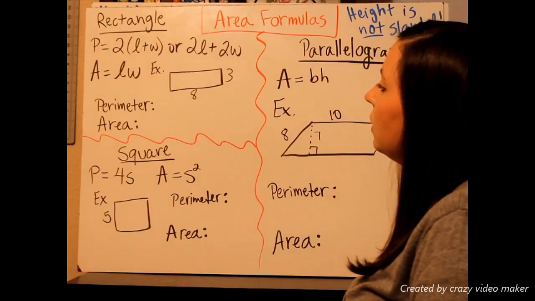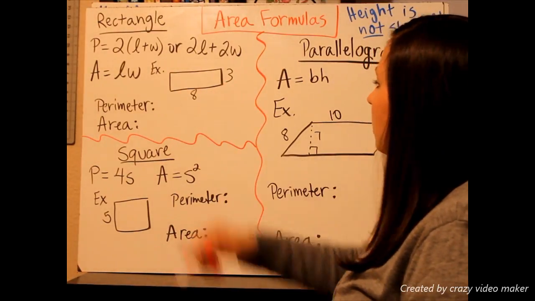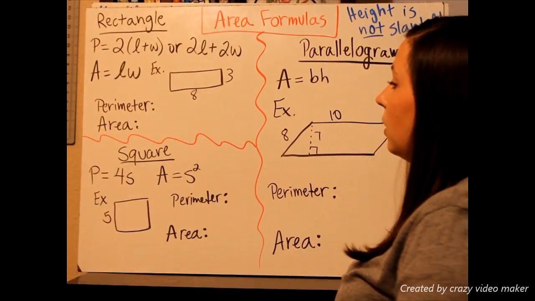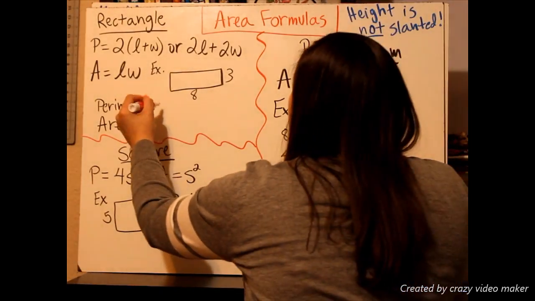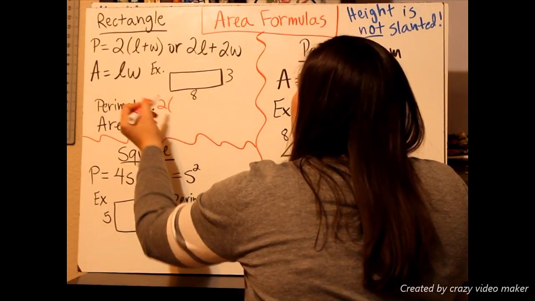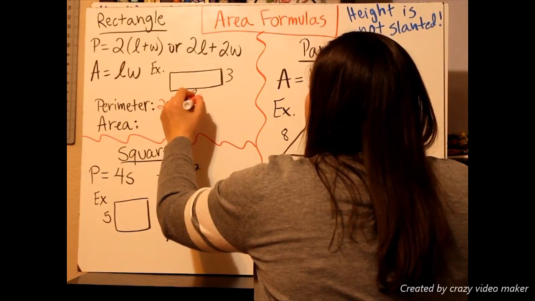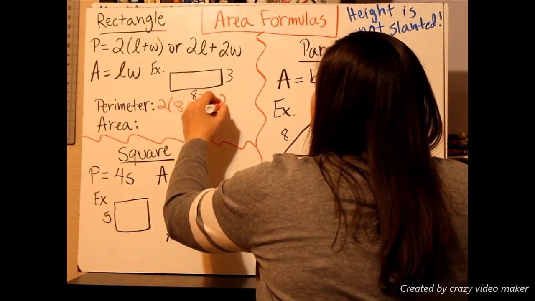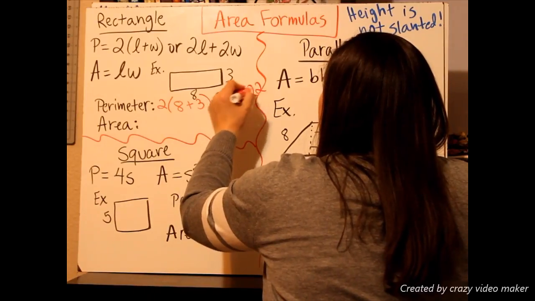We have the length is 8 and the width is 3. So perimeter, we're going to use this formula here. 2 times our length is 8 plus our width is 3. So that's 2 times 11, which is 22.